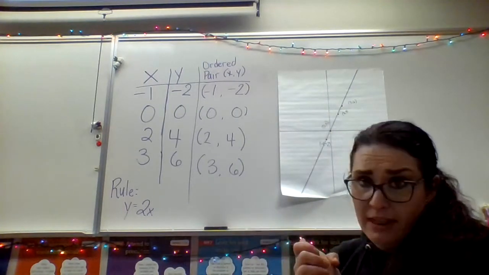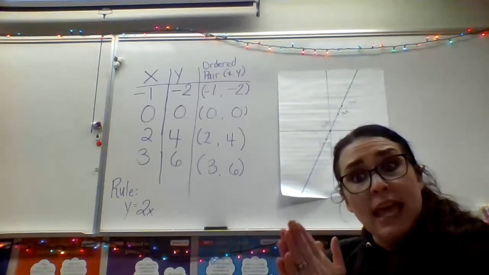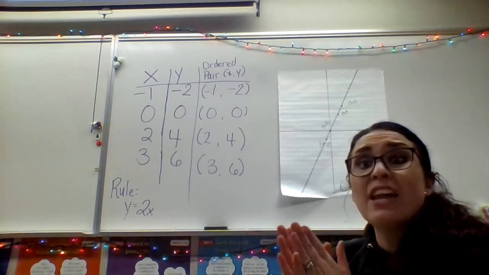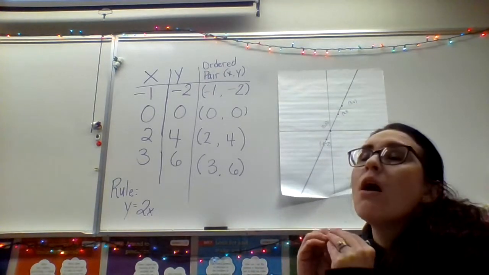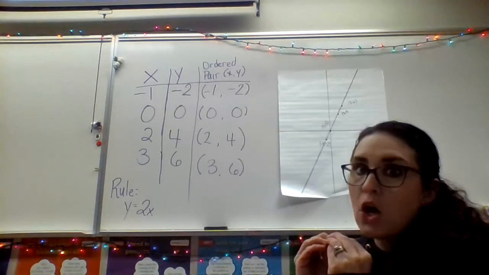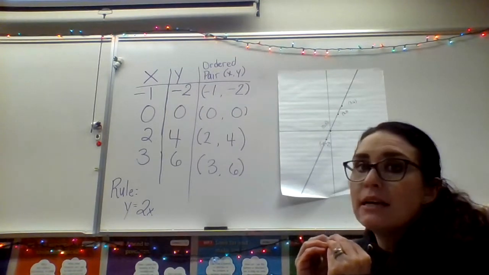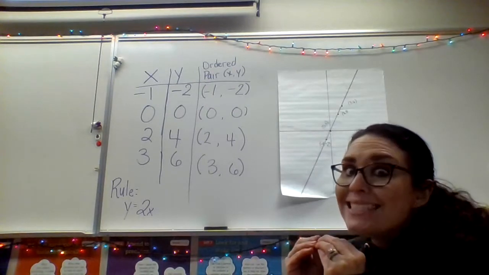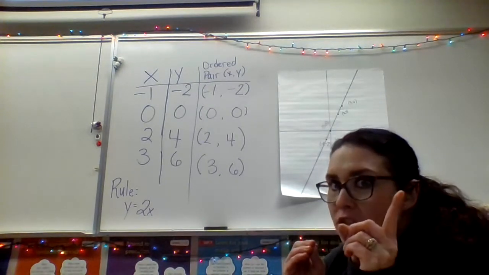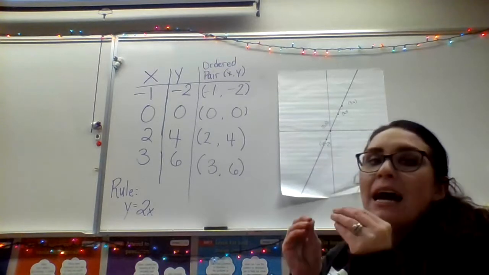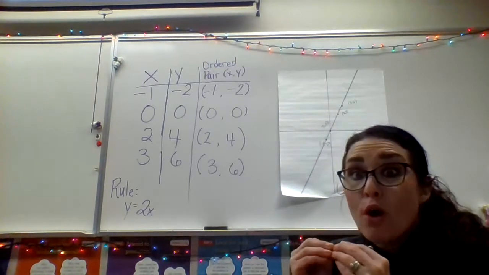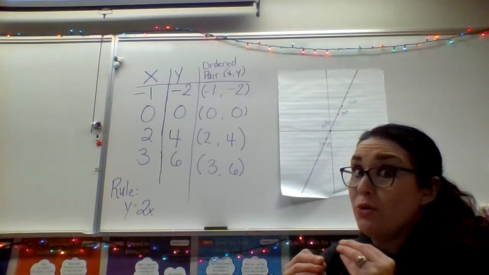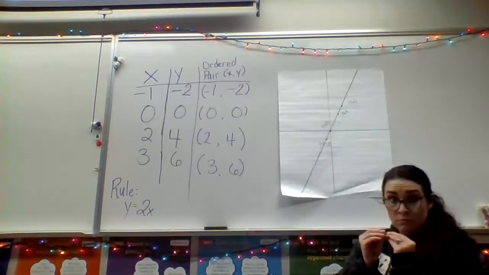So here are a couple different things, okay? If a relationship is proportional and you graph it, it will always be a straight line, okay? Straight line. And not just a straight line, but a straight line that also goes through that point of origin, which is 0, 0.